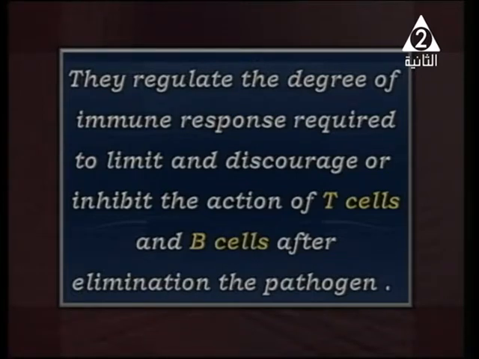So we need a kind of manager, or some type of activation, to give us a limited attack. And this limiting of the attack, or this regulation, happens by this type of T cells.